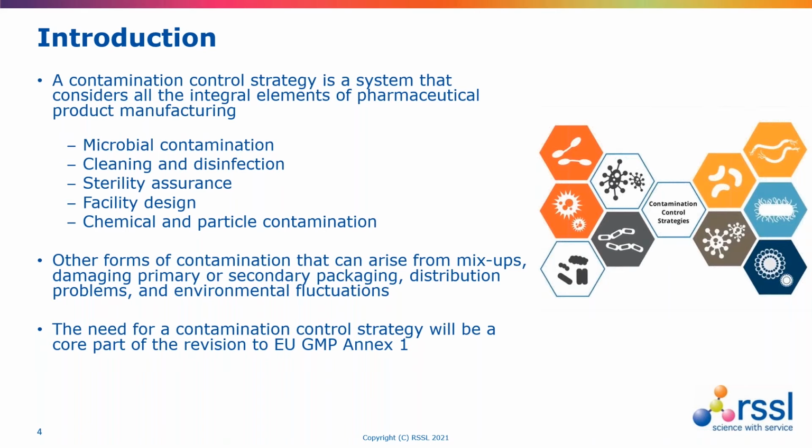So we're going to have a look at microbial contamination, cleaning and disinfection, sterility assurance, facility design, a little bit about chemical and particulate contamination, and some other events that might lead to contamination events such as mix-ups, damage to primary or secondary packaging, distribution problems, and the like. So these are some of the aspects that could lead to contamination events occurring.